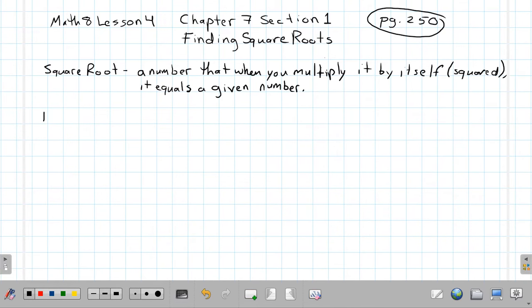One other term we need to talk about here is what a perfect square is. A perfect square is one of these numbers up here. So the given number that we're talking about, a perfect square, is a number with what we call, and we'll get more into this in the next section, integer square roots.